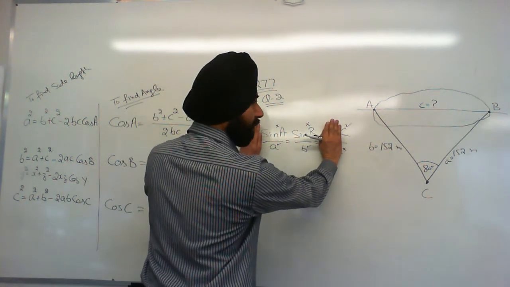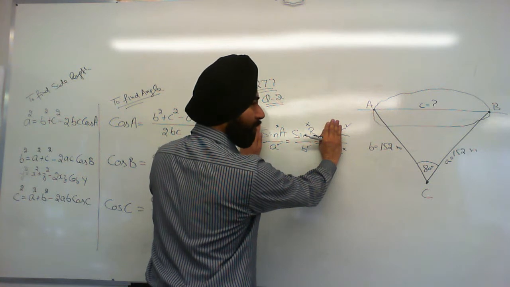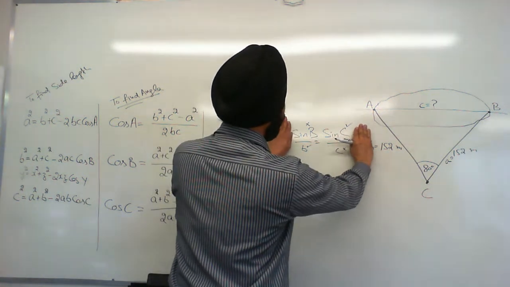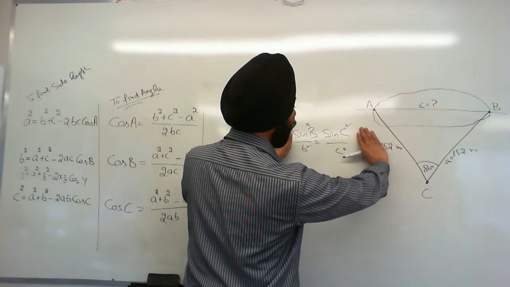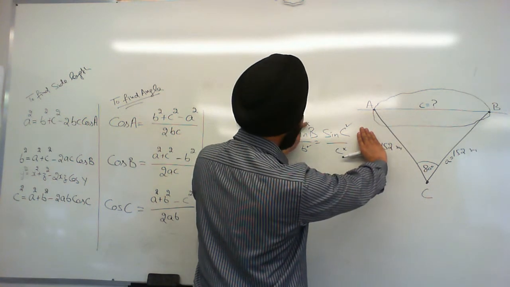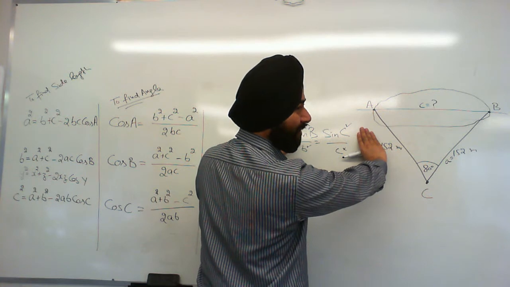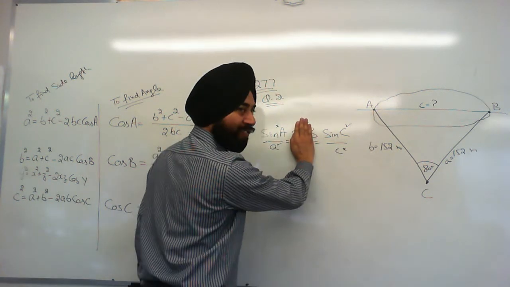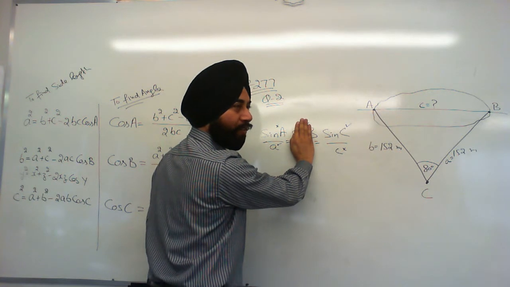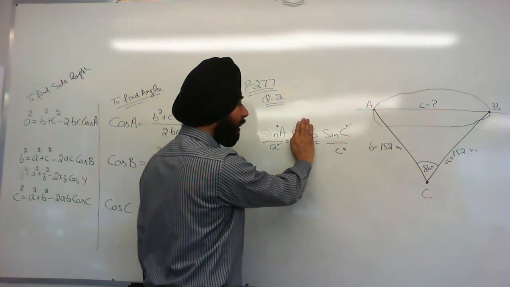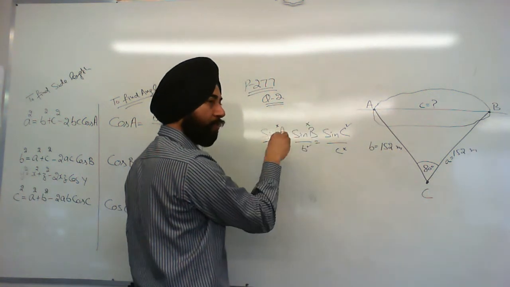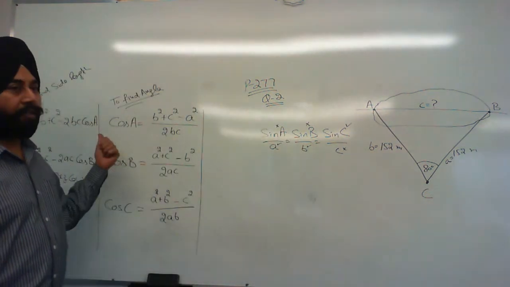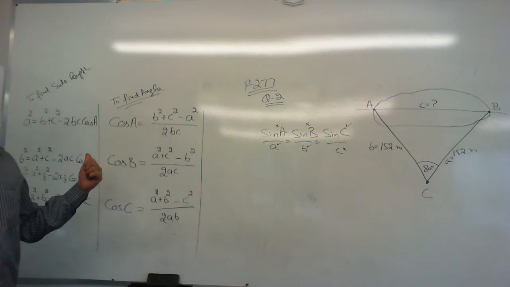How many unknowns are there? 2, right? Can you use it? No. If you want to use this, how many unknowns are there? 2. You can't use it because this is unknown, this is unknown. And if you want to use these 2, how many unknowns are there? Again 2. You can't use the sine law. If you had just 1 unknown and 3 knowns, then you could use the sine law. That means you will have to go with the cosine law to solve this problem.